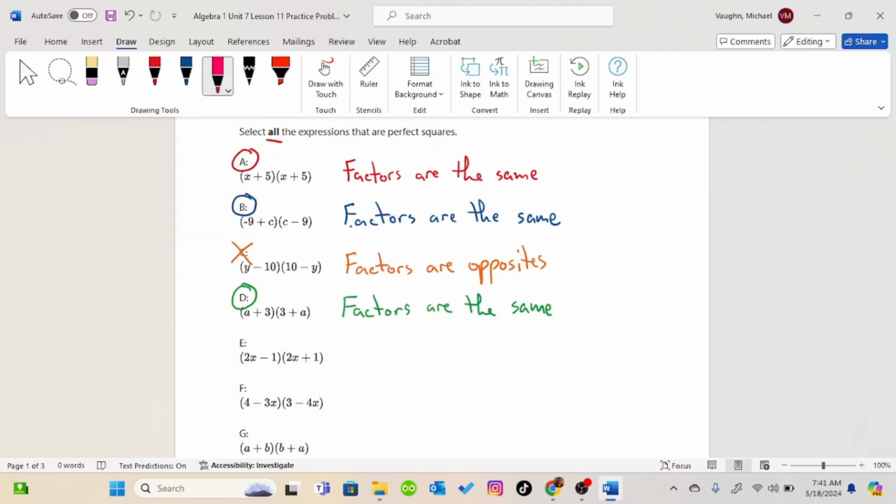Choice E. We have 2x minus 1 times 2x plus 1. The 2x is positive in both factors, but the 1 is negative in the first factor, and it's positive in the second factor. So the factors are different, therefore E is not a perfect square.